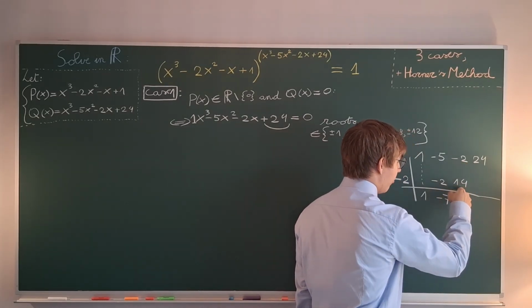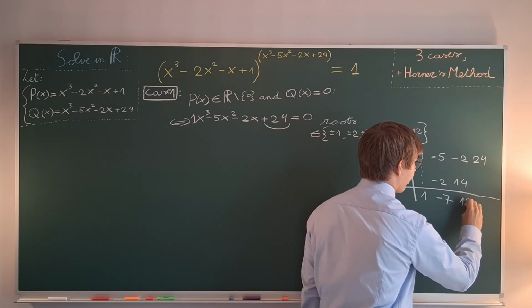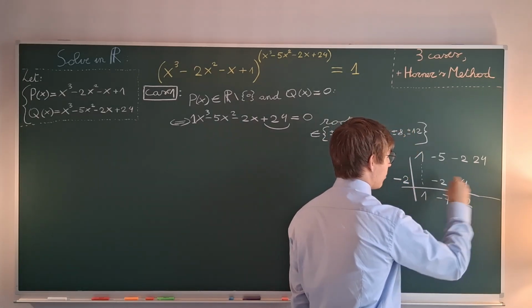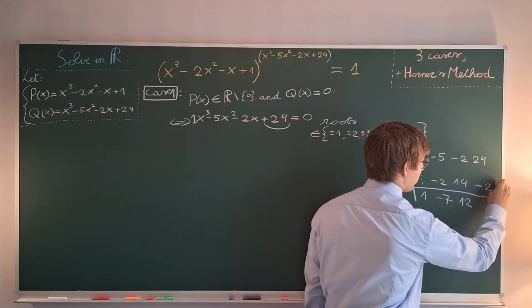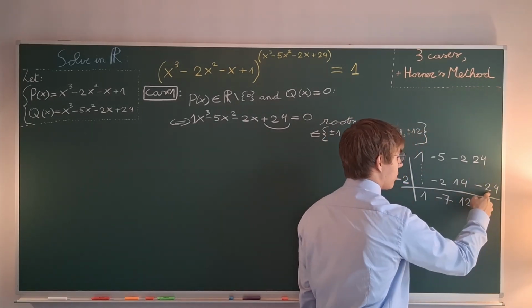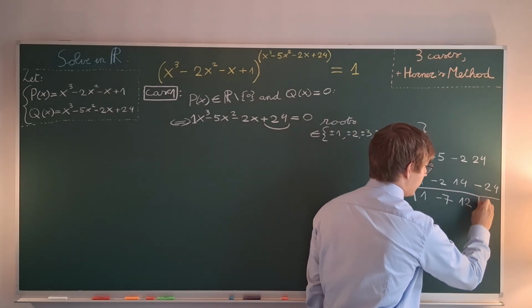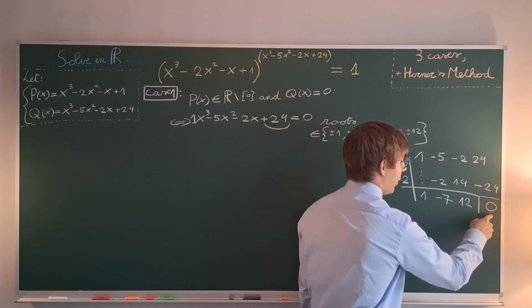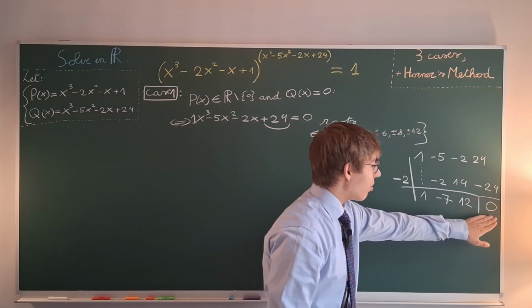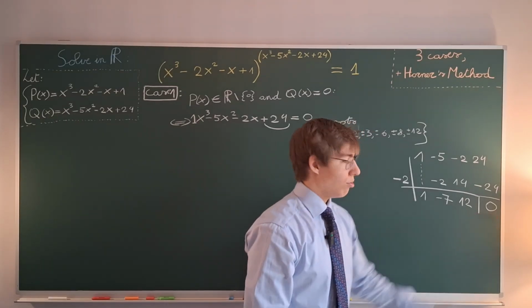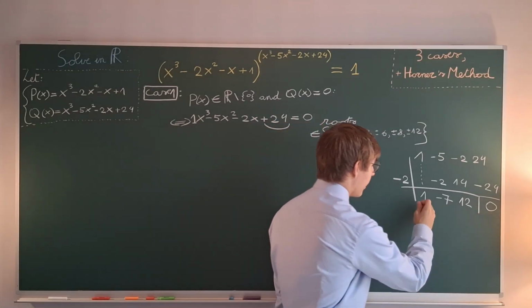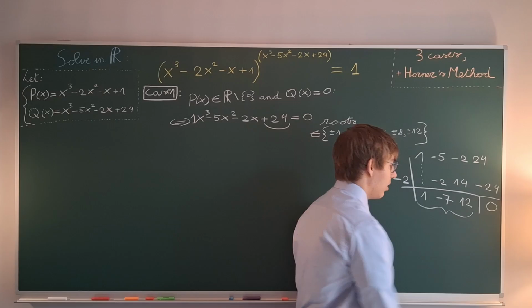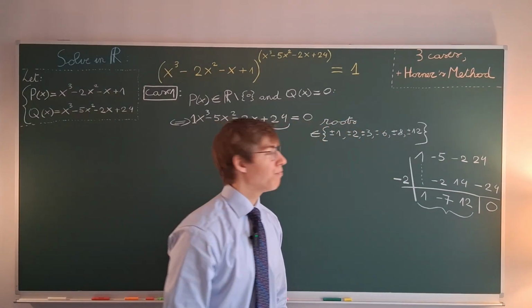And we add minus 2 and 14 to get 12. 12 times minus 2, minus 24. And 24 plus minus 24 is equal to 0. And that's great, because that means that our remainder is equal to 0. And we are left with this polynomial of degree 2.